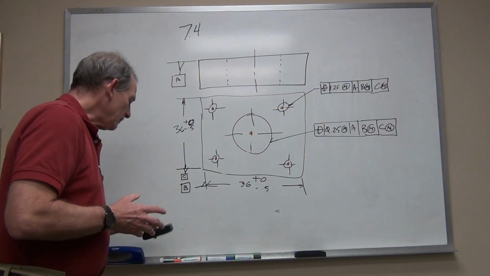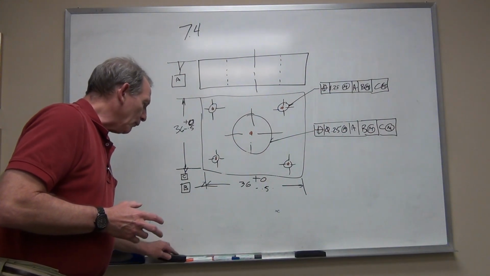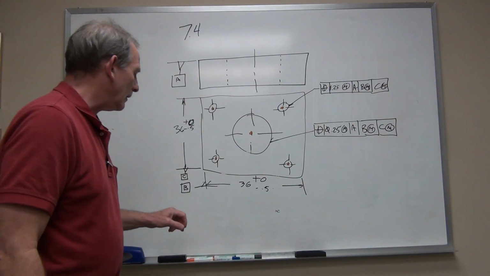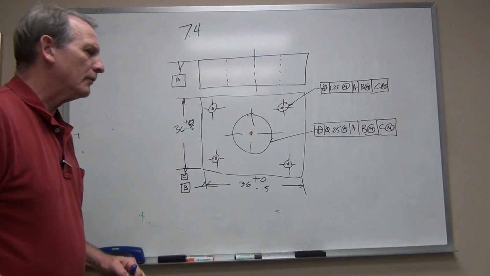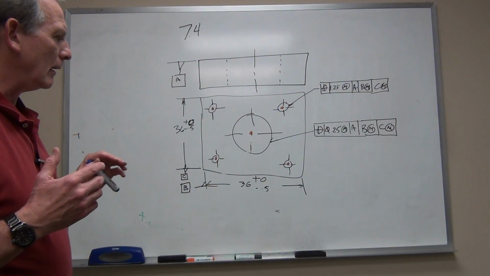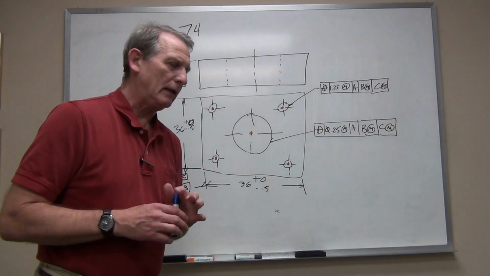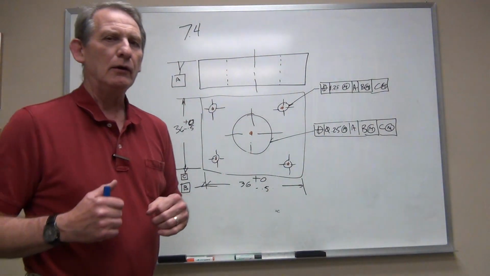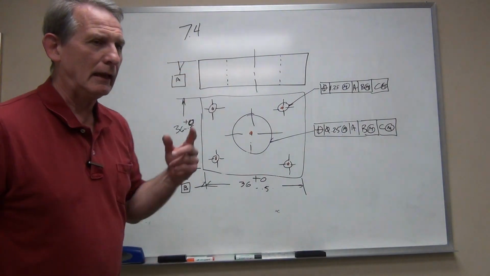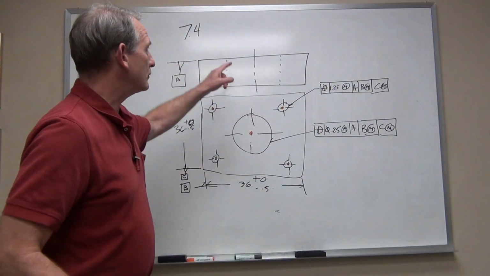So now we get into the scenario of what is the datum itself. What element is actually the datum? Is it the surface element or is it the derived median element? In the case of A, it's obvious that datum A is stuck right onto that surface.